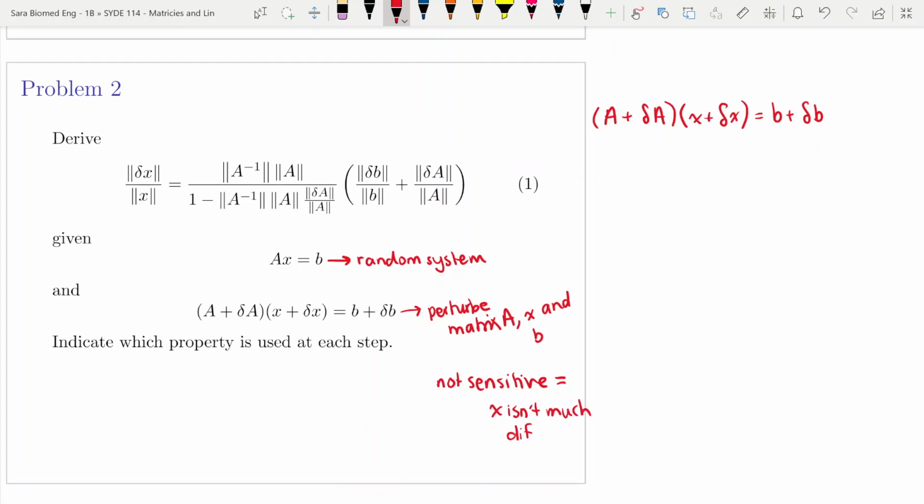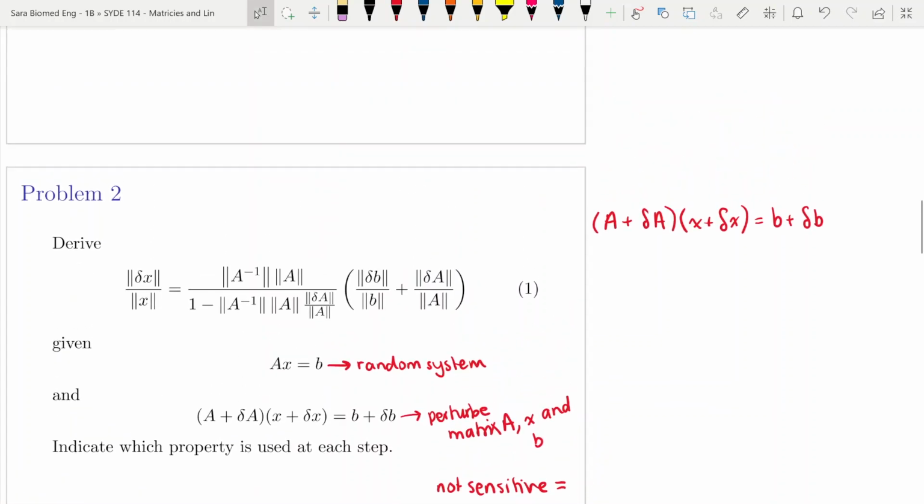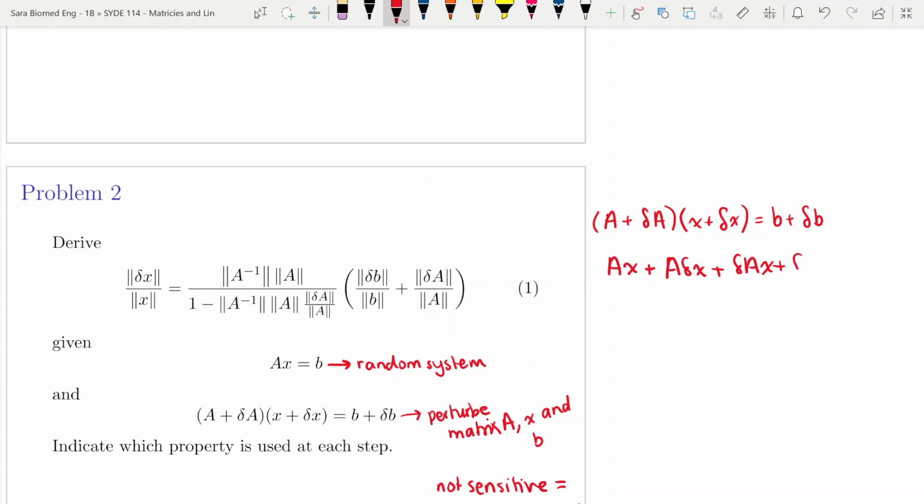Okay, now I'm just gonna expand the first equation over here. So it's Ax plus A delta x plus delta A x plus delta A delta x. And the right hand side is b plus delta b. Okay? Simply just expand the brackets.